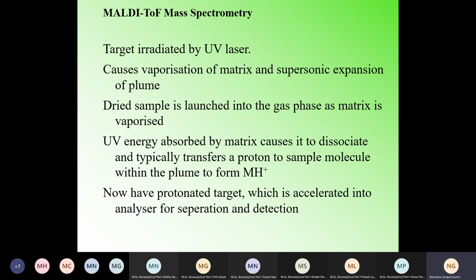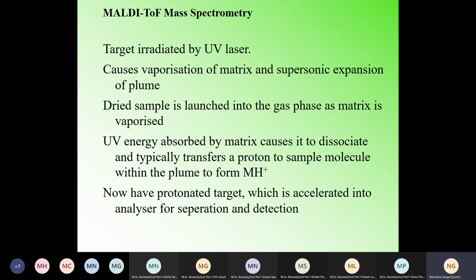So it's a very similar technique to APCI, but APCI is a spray technique, whereby my solvent is assisting. That is why I call it atmospheric pressure chemical ionization, where the solvent is helping because the solvent is first getting ionized and then it is ionizing. I am not mixing them.